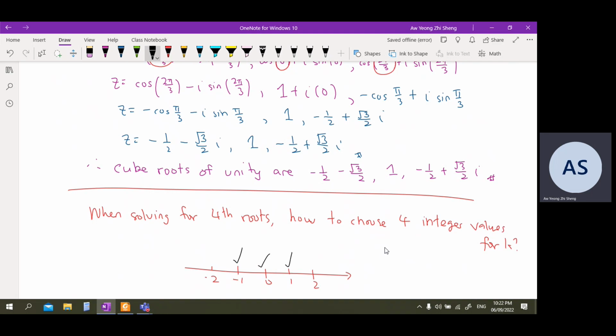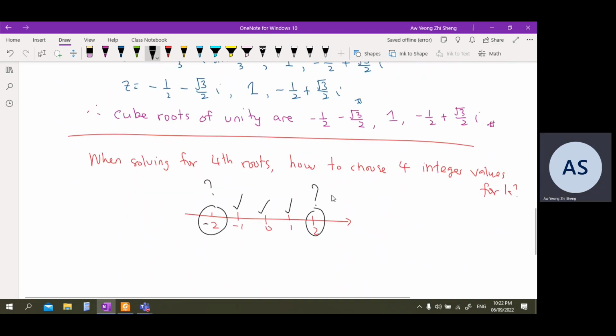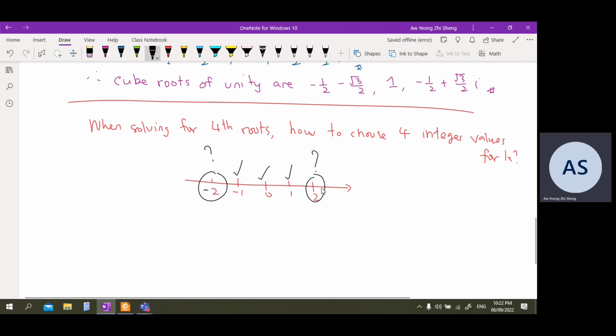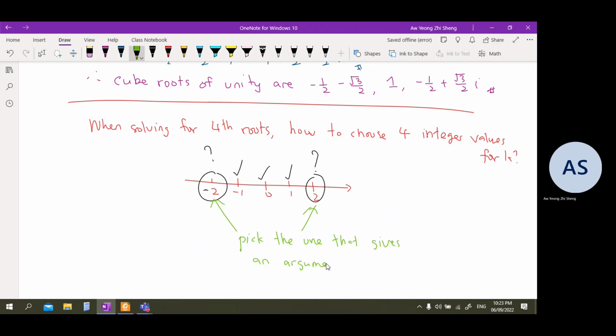But for our fourth choice, we have a dilemma here. We are not sure whether we should take -2 or +2. So how do we decide? We will decide based on which of these 2 integer values, -2 or 2, we will pick the one that gives an argument in the principal range.